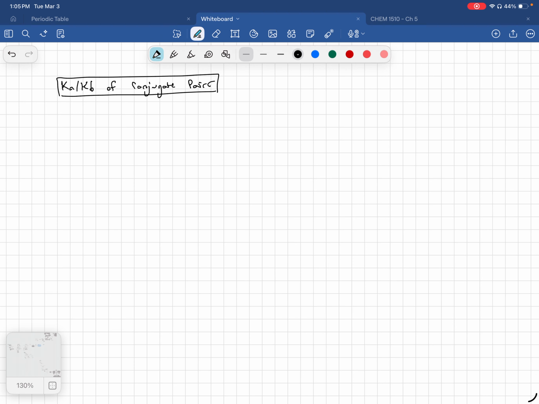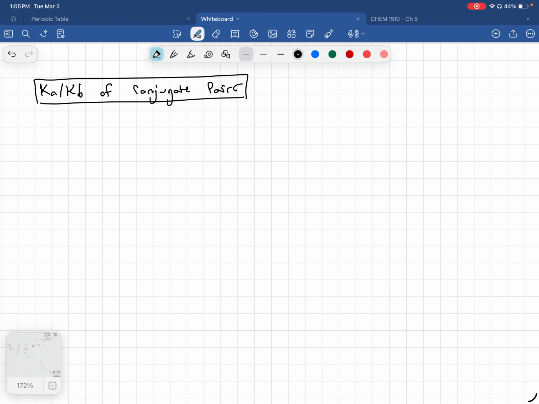So we have previously discussed conjugate acid-base pairs as follows. Let's say we have some acid, HA. This is its conjugate acid form, and its conjugate base form would be A minus.